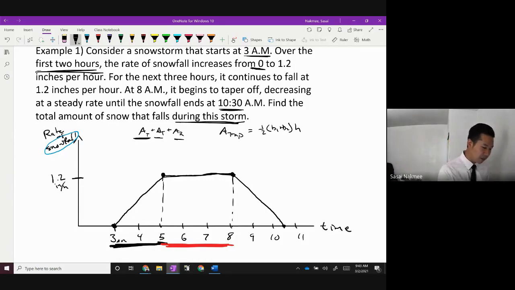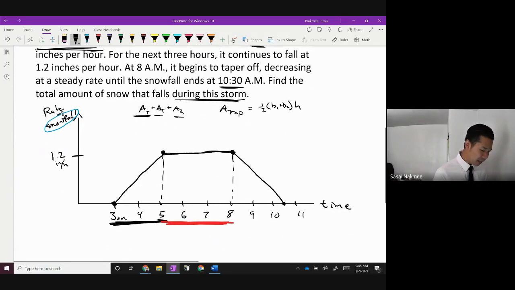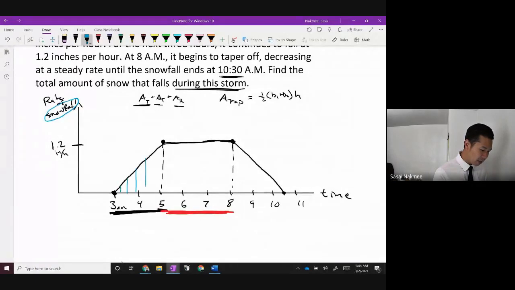Okay? So check this out. If I'm trying to calculate the area underneath here, I'm just going to calculate the area of each of these shapes. First of all, the area of this triangle right here. This has a base of 2, can you guys see that? And it has a height of 1.2.